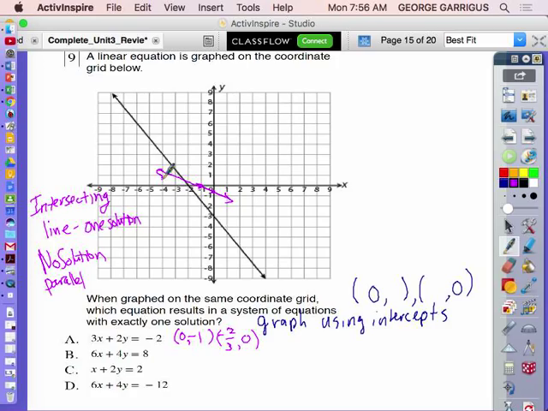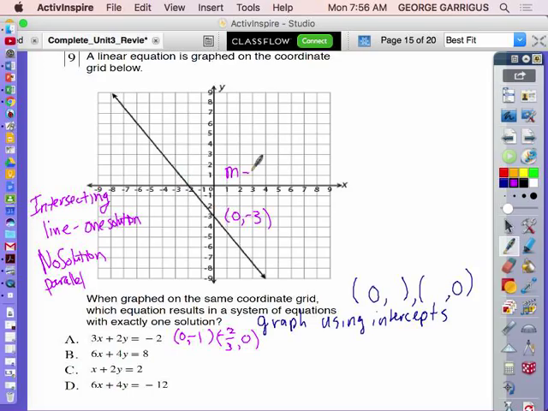Let's look at what this equation actually is. It looks like it's got an intercept at 0, negative 3, and it looks like it rises 3, left 2.